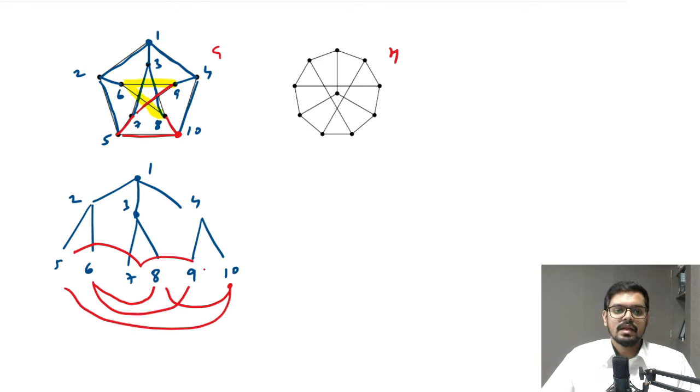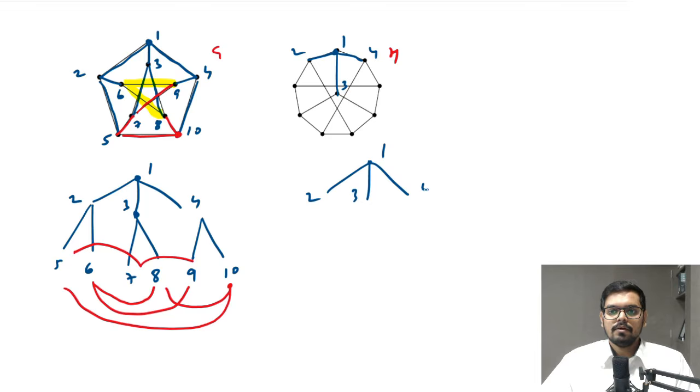If this graph is clear, can you see this kind of graph here in H? If yes, then they are isomorphic, otherwise they are not. Very simple tree style I am making. I know it's kind of messy, but this is the simplest solution you can get. So 1 is connected to 2, 3, 4.